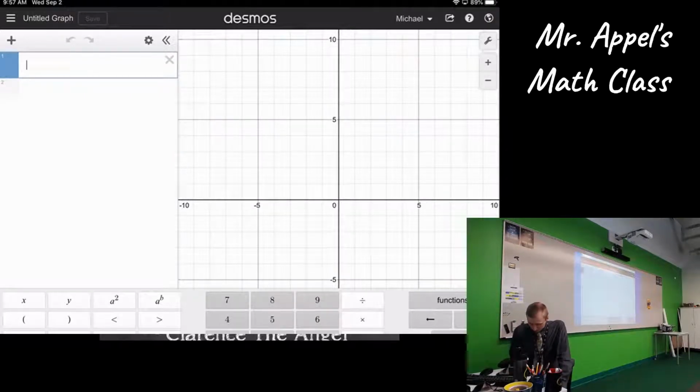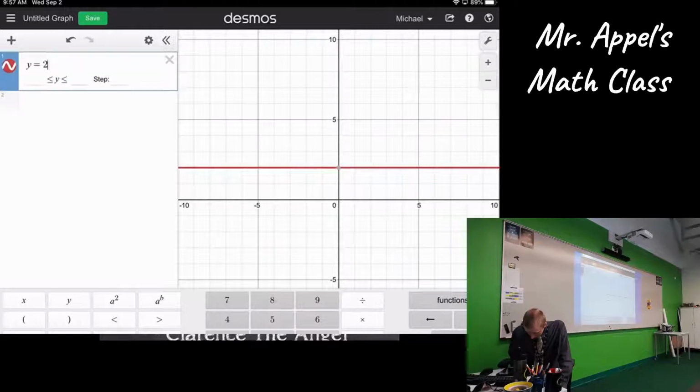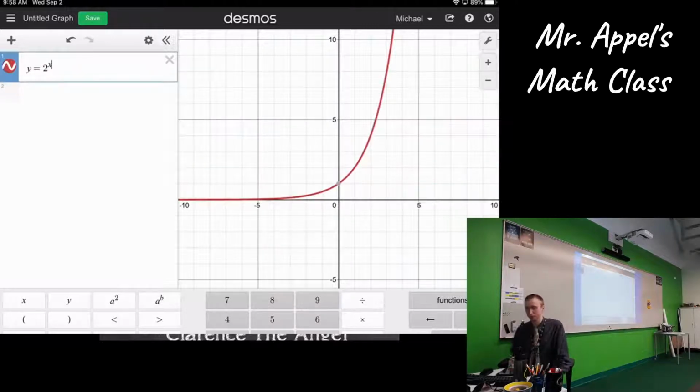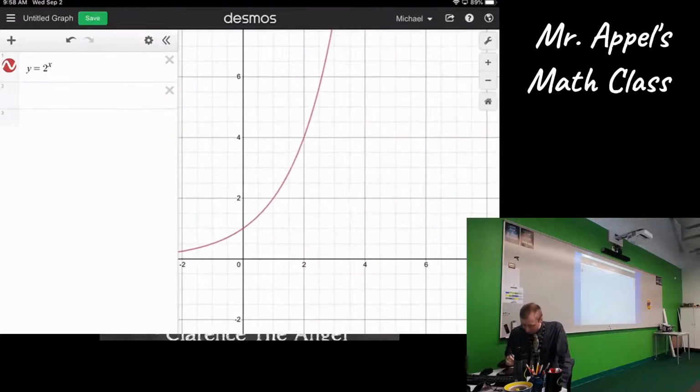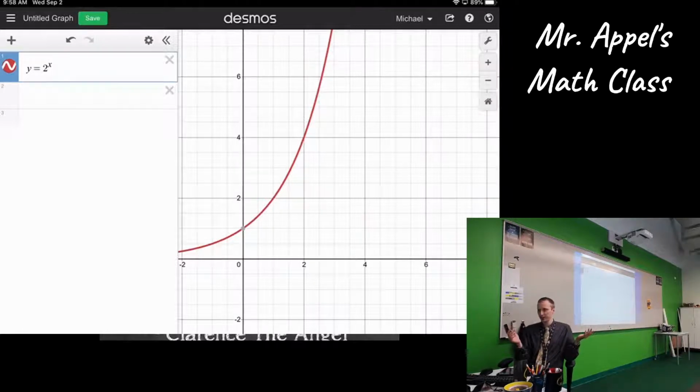So we can write in y equals 2 to the x. There's our exponential. Okay. We want a line that goes from, what was it, from point (1, 2) to point (2, 4). Okay. So create the equation of a line that goes there.